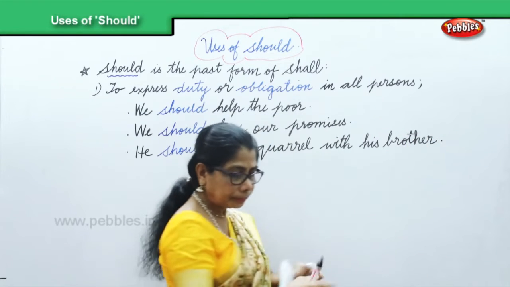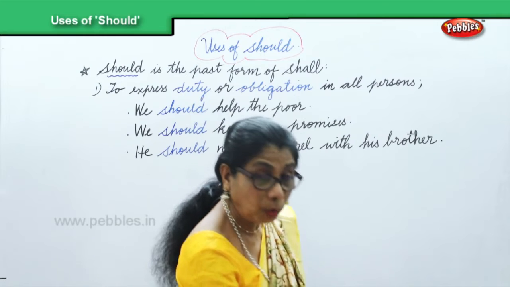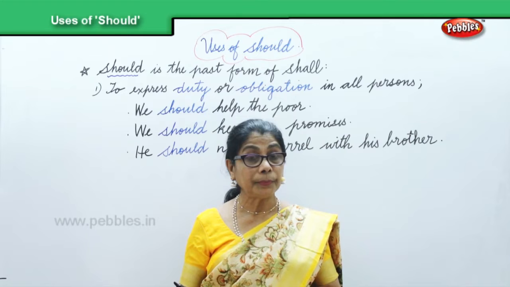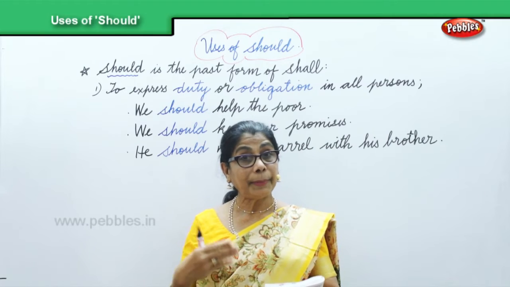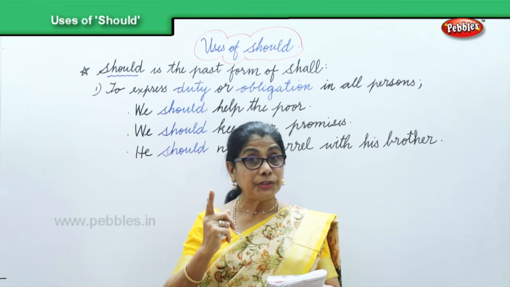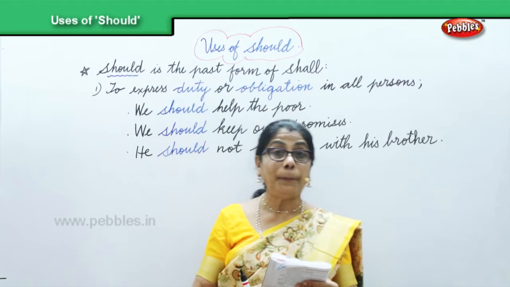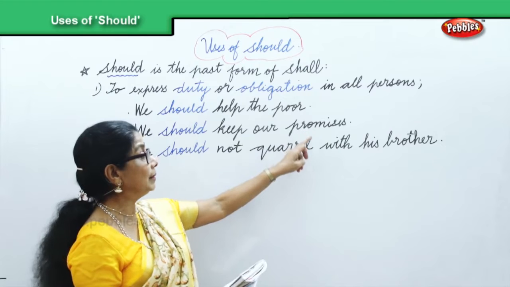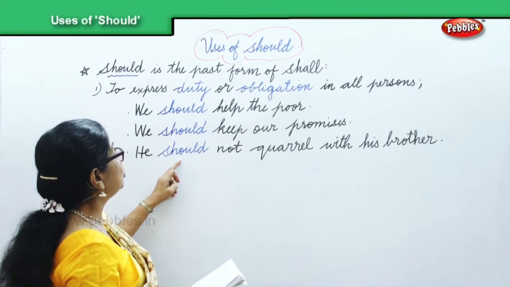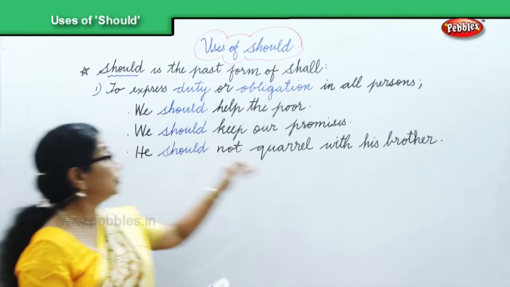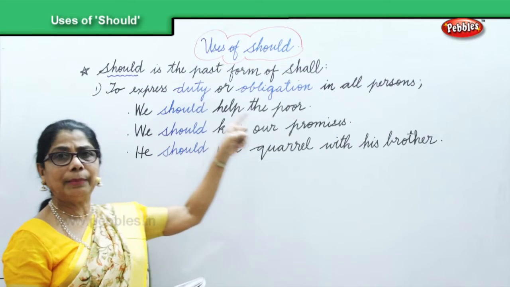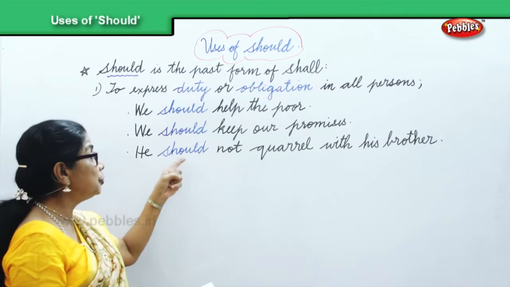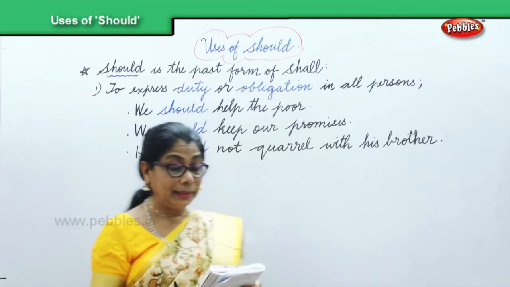All right. Now, we are talking about the usage of should, the past form of shall. To express duty, to express obligation, our obligation to the poor, our duty to keep our promise. And here, his duty not to fight with his brother.